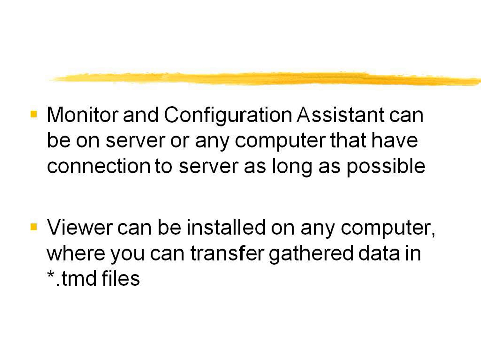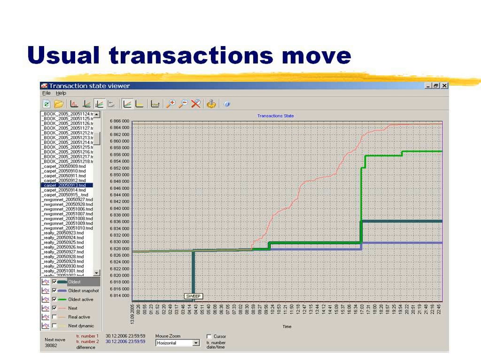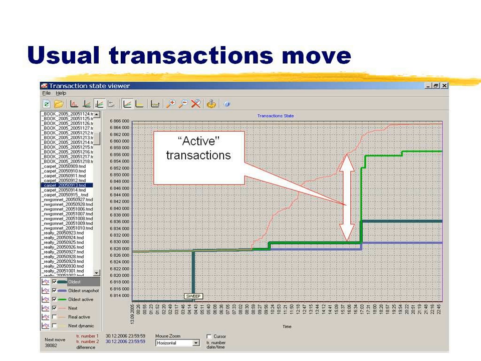Okay. Good. Let's see what the green, blue, and red lines are. Really, you can see the so-named active transactions.